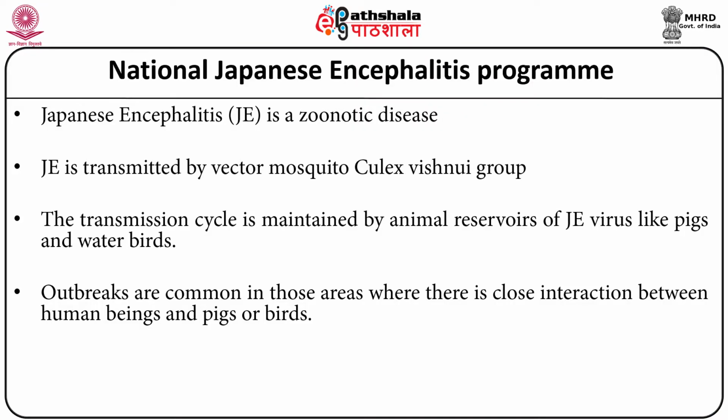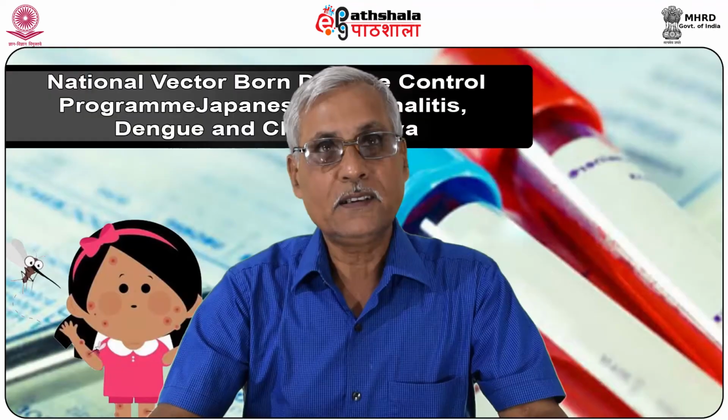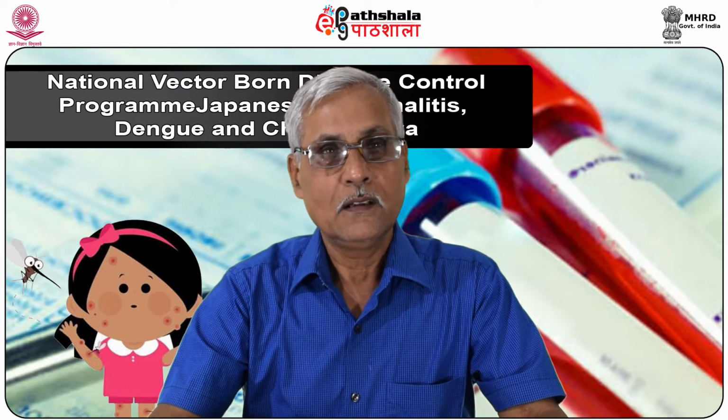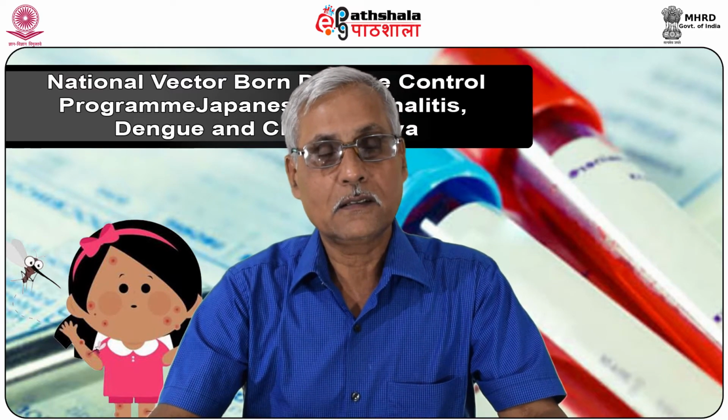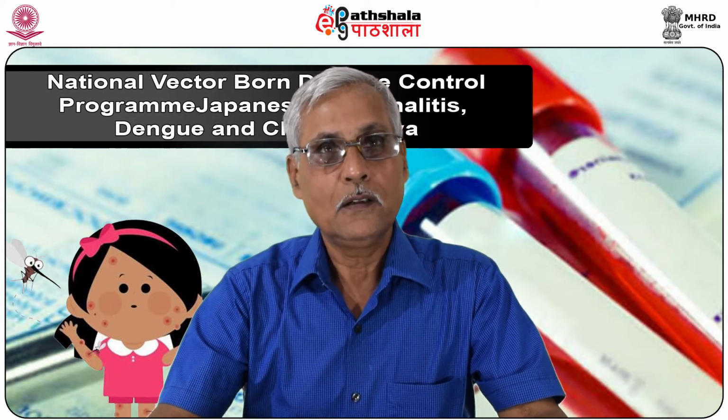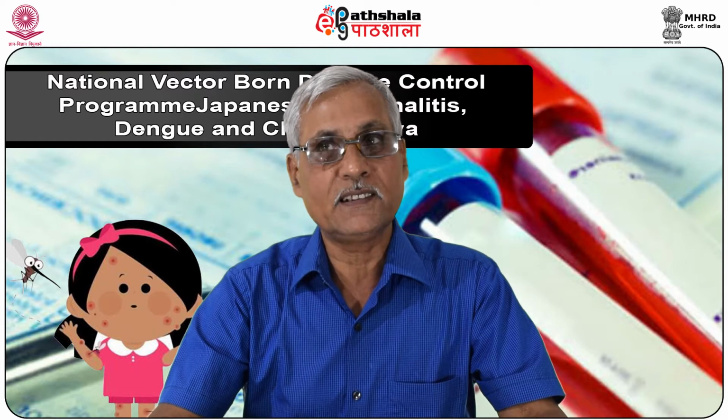Outbreaks of Japanese encephalitis are quite common in those areas where there is a close interaction between human beings and pigs or birds. In fact, Japanese encephalitis is the major contributor to acute encephalitic syndrome, which is also caused by other types of viruses and bacteria.